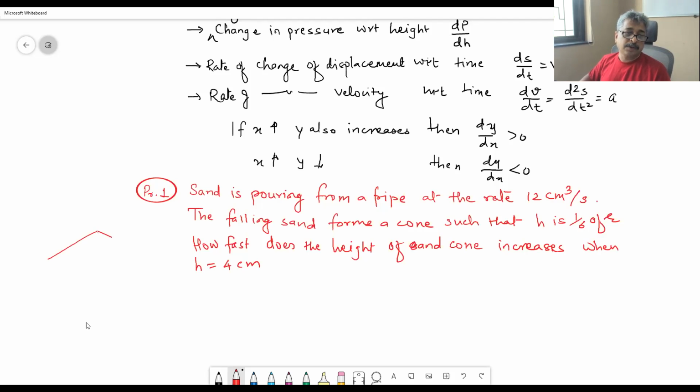Now this is r, the radius of this base, and this is h. So I think it is a very easy problem. I should give you some time to get me the answer.